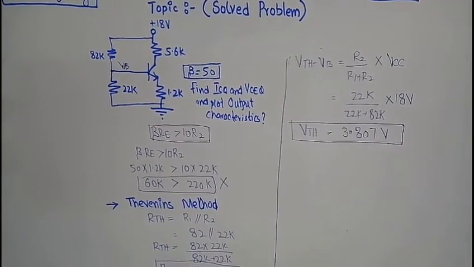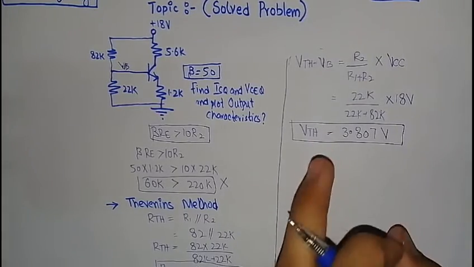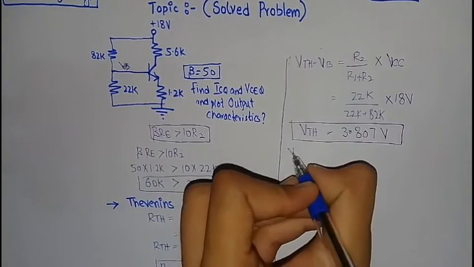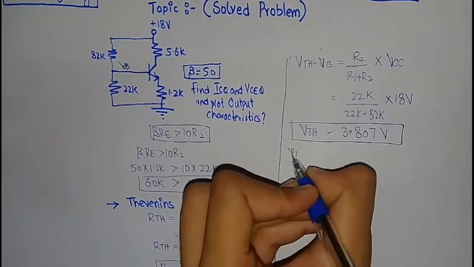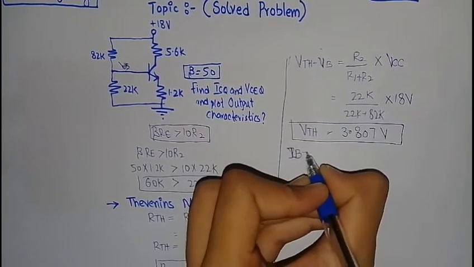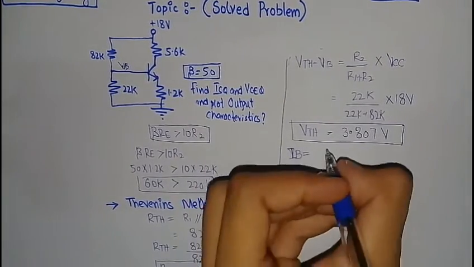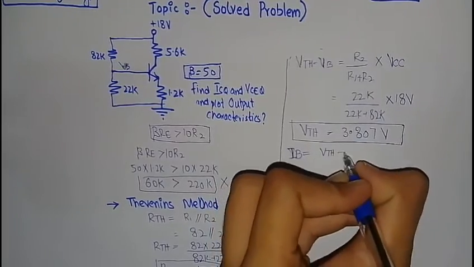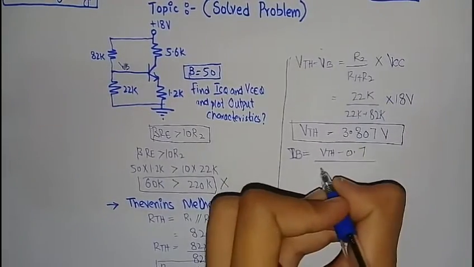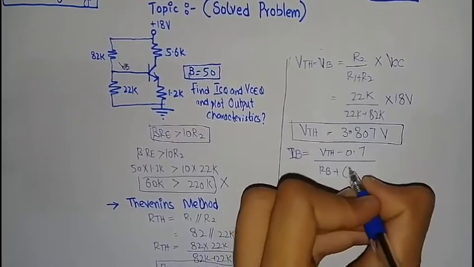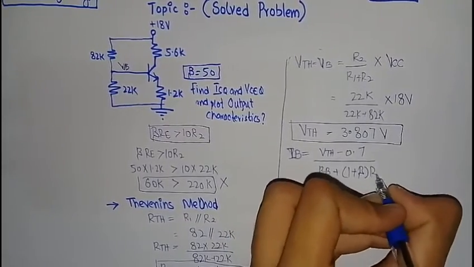So the values of R Thevenin and V Thevenin are known. Now the next one is the base current. The base current is calculated from the formula V Thevenin minus 0.7 volts divided by R Thevenin plus (1 plus beta) times Re.